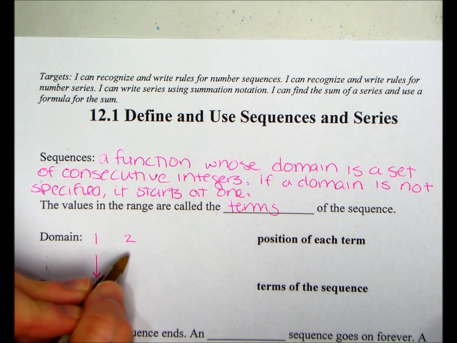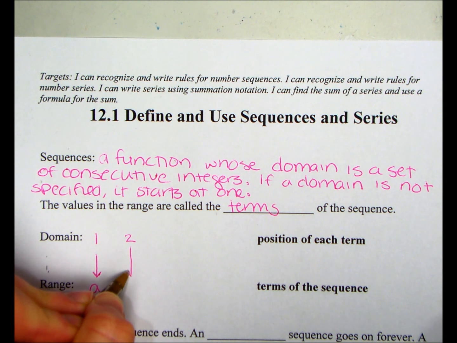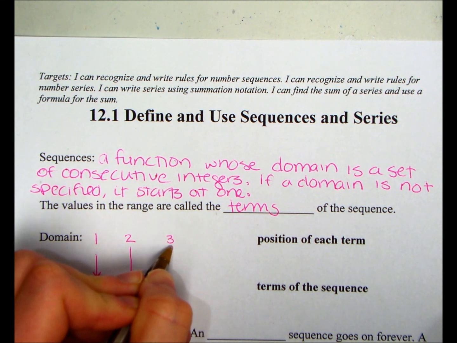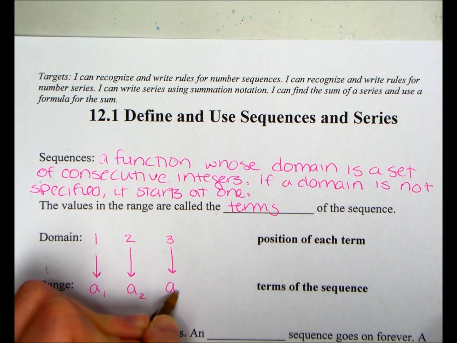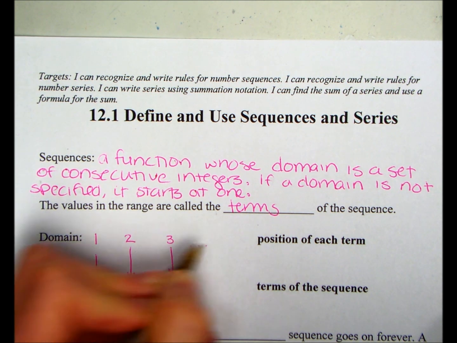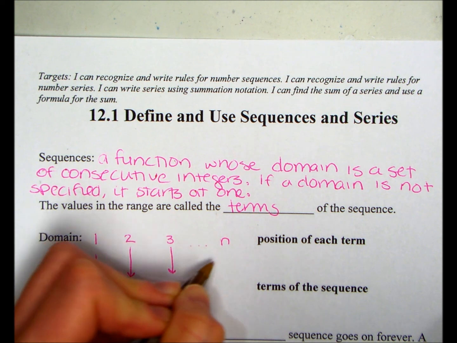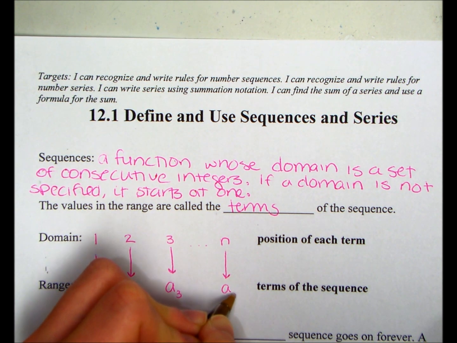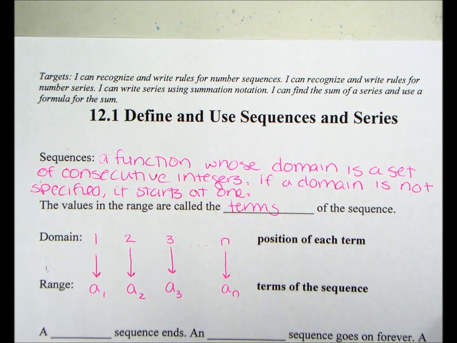Similarly, the second position maps with the second term, third with the third term, and so on and so forth, up till the nth term, which is any term that we want, and we'll say that maps to the nth term.